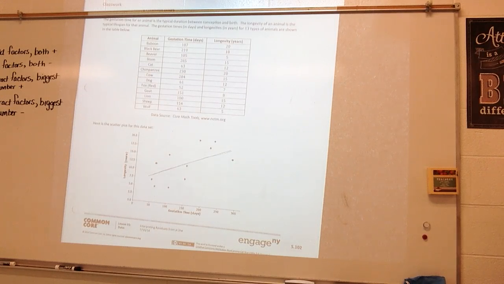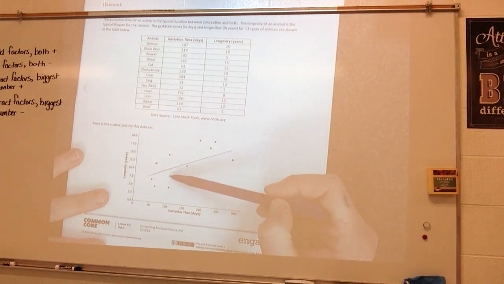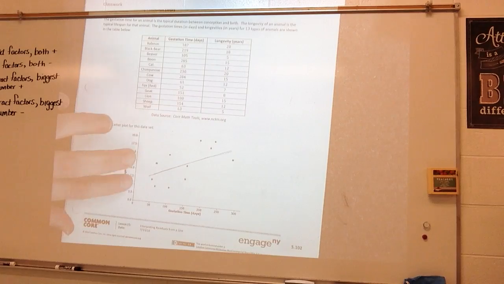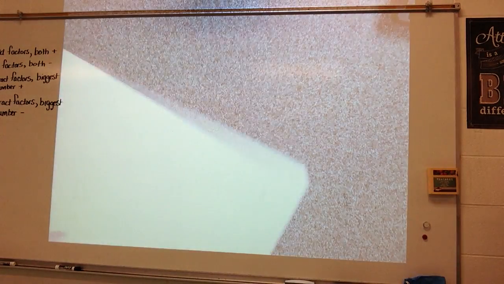What type of animal has the biggest negative residual? So we're going to be looking at probably this animal here, which looks to be probably about the beaver. So I can look at this and see how much of an error I have.